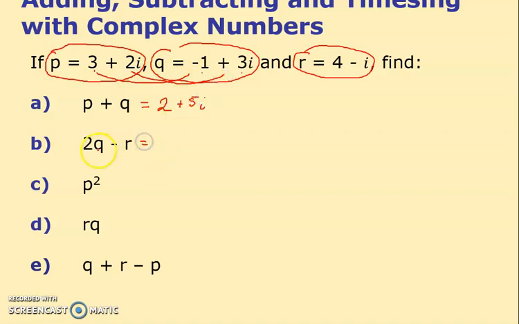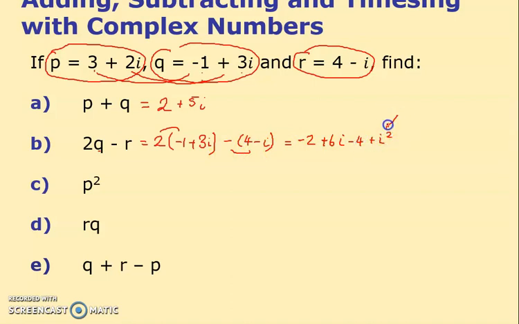This one's a little bit harder because I've got to double the q first. So let's write this out. 2 lots of minus 1 plus 3i. And it says minus r. What was r? Minus the 4 minus i. So you just got to be a bit careful. So minus 2 plus 6i minus 4 plus i squared.